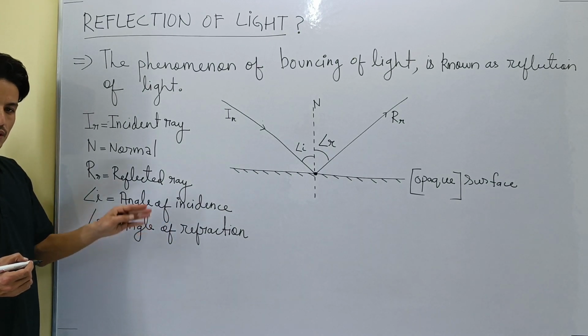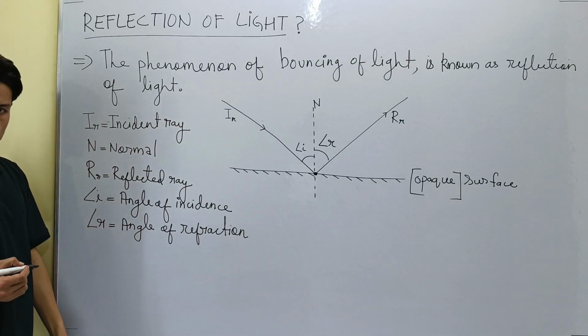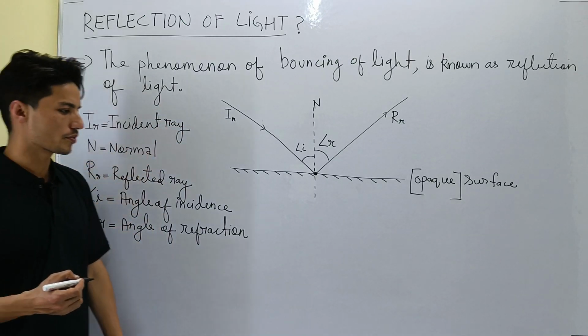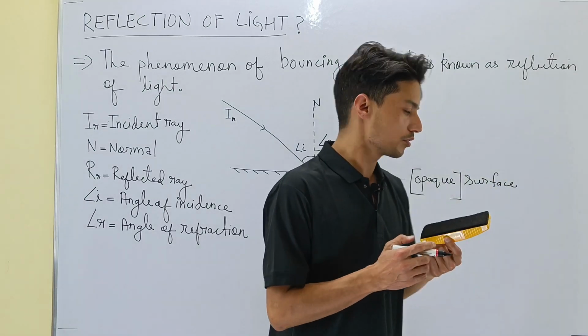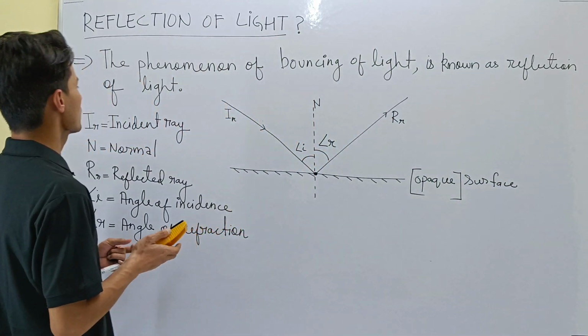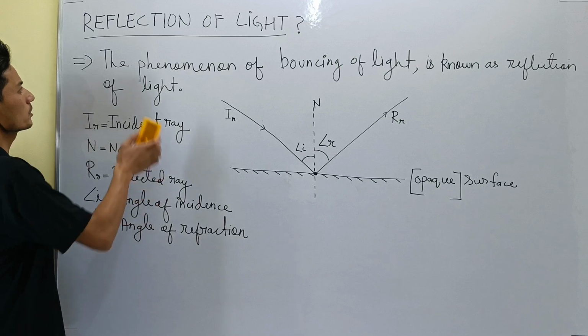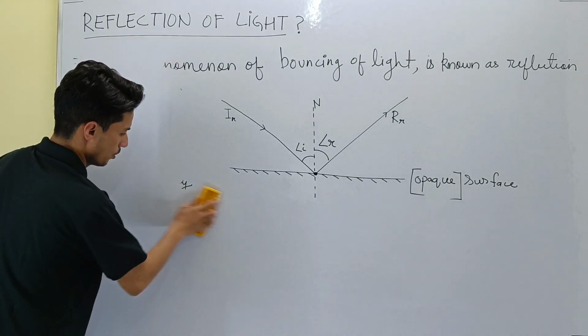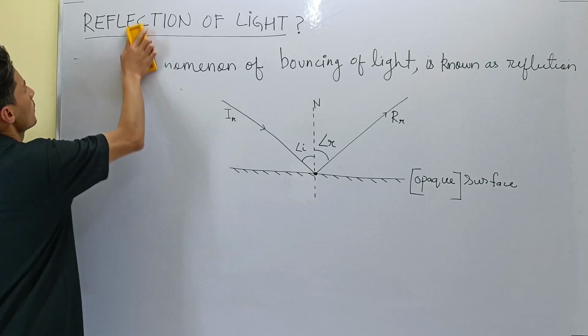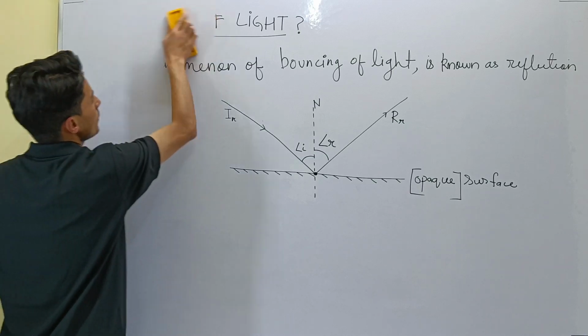All right, so with this, now we will go to the laws of reflection, where this knowledge is going to be very much helpful to you. So let me erase this. I hope you have already taken notes. So now we will discuss the laws of reflection. These laws of reflection you have learned in lower classes.